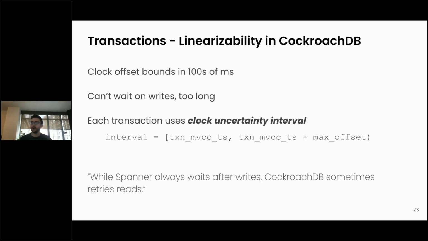It does so using what it calls a clock uncertainty interval. When a transaction begins, it picks its transaction timestamp, and also establishes what it views as this uncertainty interval. This is an interval between its transaction timestamp and its transaction timestamp plus the maximum clock offset that the system believes any other node in the system could have.